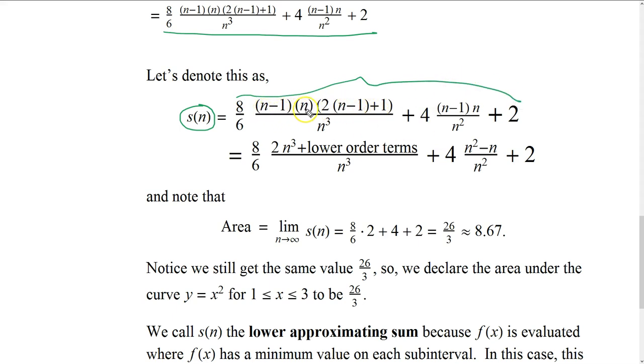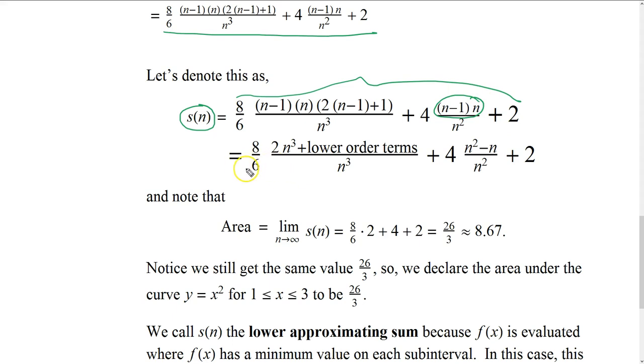If we were to multiply this out, the numerator right here, we would see that we would get 2n cubed plus some lower order terms. We're only really interested in the highest order term when we take the limit as n goes to infinity. And then, well, this one's easy. When we multiply this out, we just get n squared minus n, this part right here.